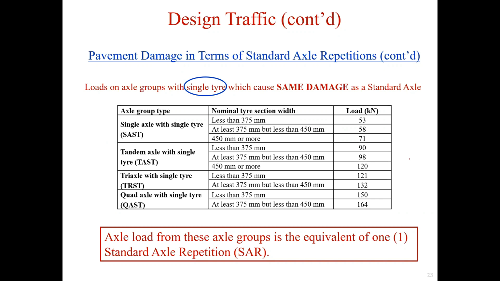To calculate the SAR of damage, a procedure is required to calculate the damage associated with each axle group of each axle type in the traffic load distribution relative to the damage caused by a standard axle. The loads on axle configurations that cause the same amount of damage as the standard axle could be referred from the above two tables.